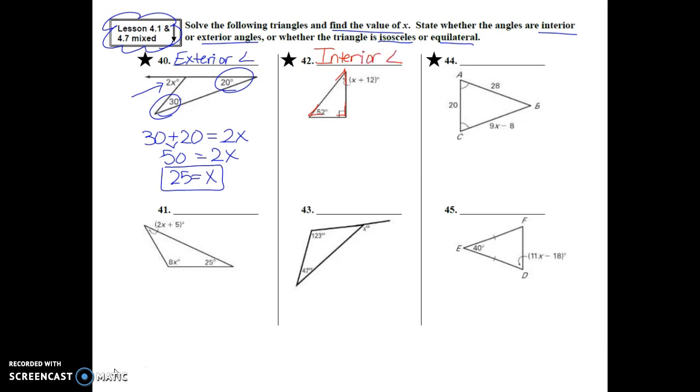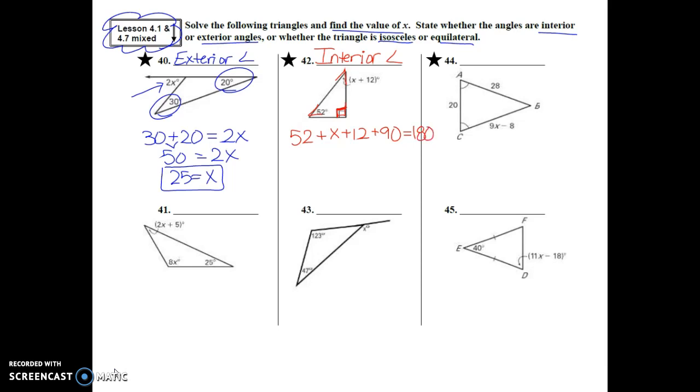So I note that they're all interior angles, and when that is true, they should all add up to 180 degrees. So I'm going to take the 52 and the x plus 12 and the 90 degrees and equal that to 180. Don't forget about the 90.